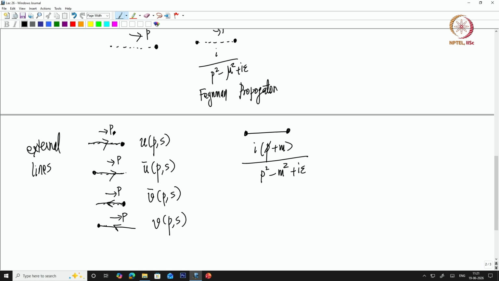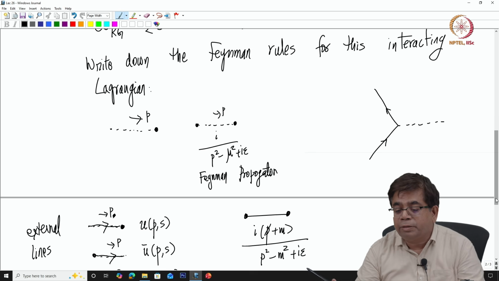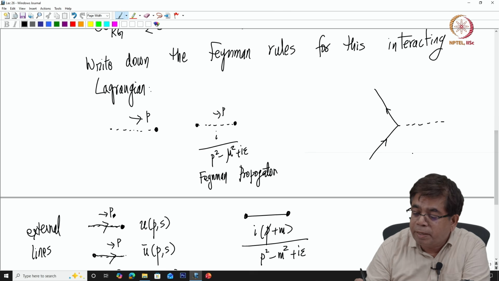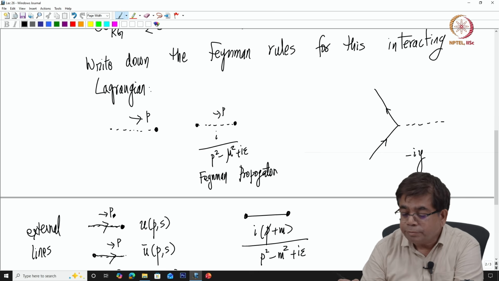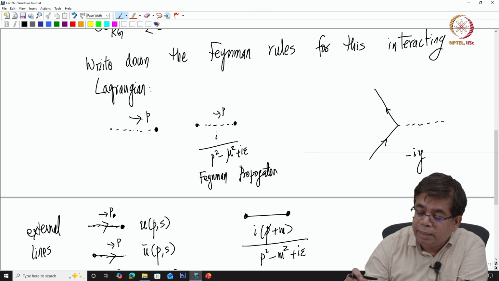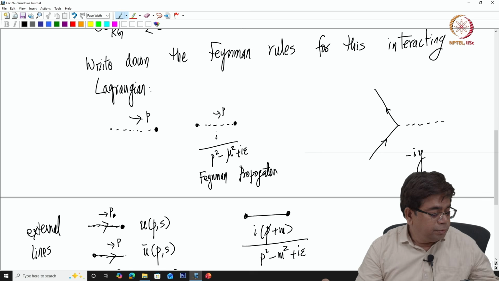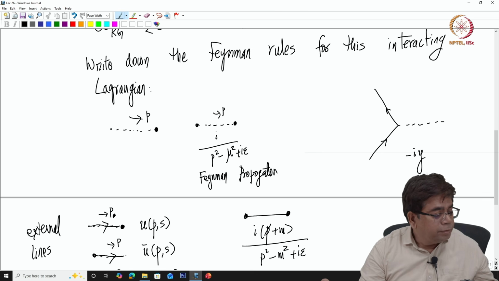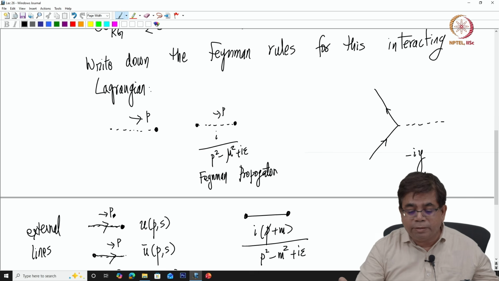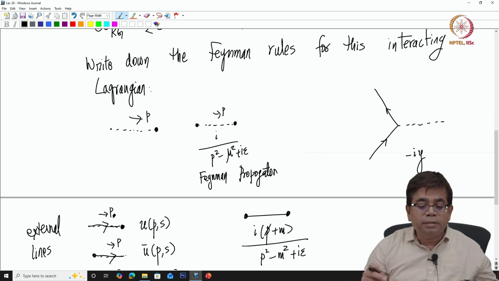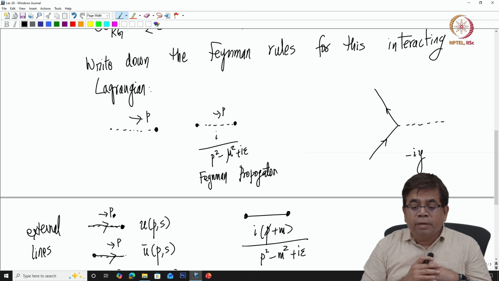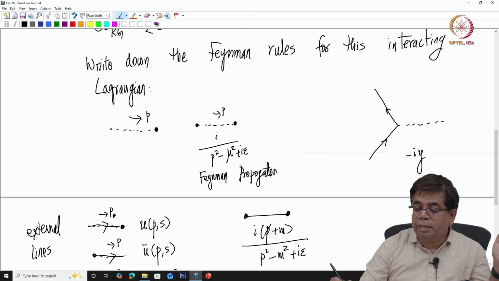Essentially the scalar does not have any direction, it is not a charged scalar. This will pick up a coefficient minus i y. So this is psi bar psi phi essentially. Okay. So this is the vertex. So given this vertex, the external lines, the internal lines. Now, all this we have derived just from the Lagrangian essentially, we have not done anything else.